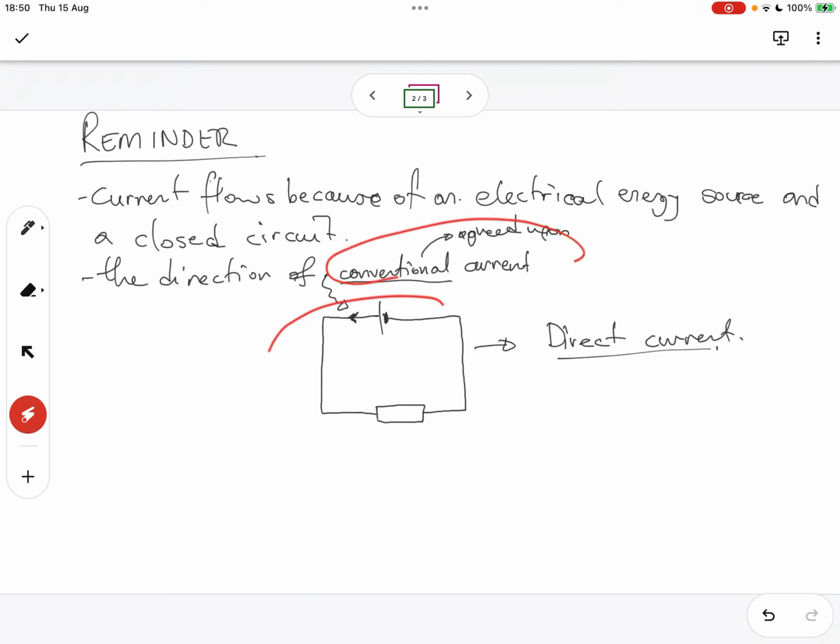Direct current. So what I just explained is this and that. Ne? So it's from one terminal of the cell, positive to negative. It's agreed upon that in circuits, current flows from the positive terminal all the way around through resistors back to the negative terminal.